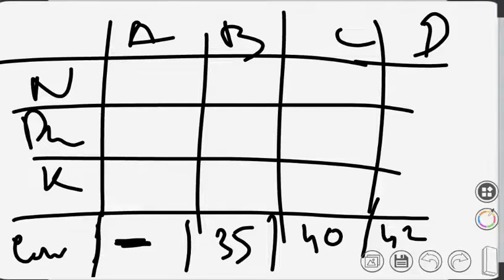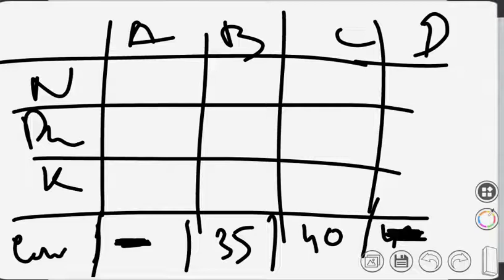That means I haven't used cow dung in plot A and plot D, but I have used cow dung in plot B and plot C. That's possible, along with the data I have previously given. So there could be variation in row or column. It's not necessary that there will be the same number of rows and the same number of columns.